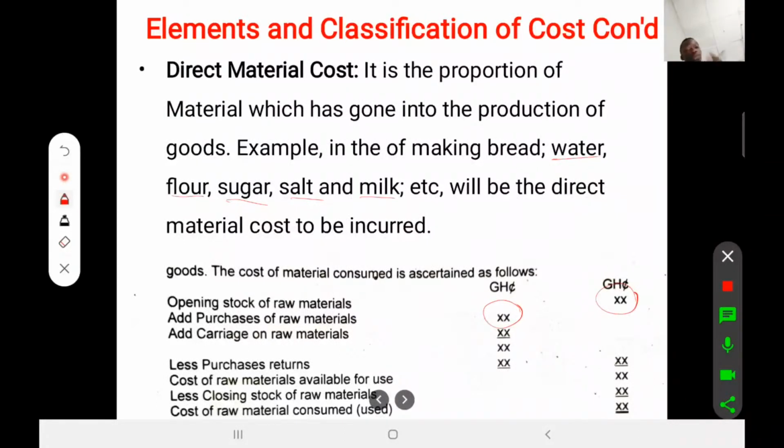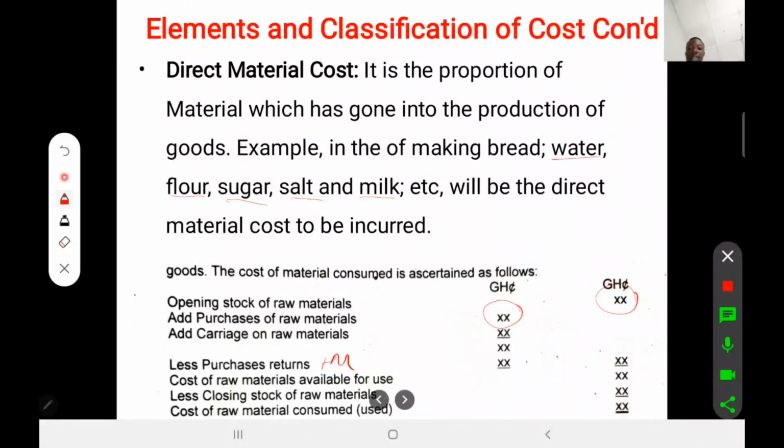You should know that here it is purchases returns on raw materials. It's important so that you know. So once you hear of purchase returns on raw materials, you subtract it from the total of the purchases and the carriage.